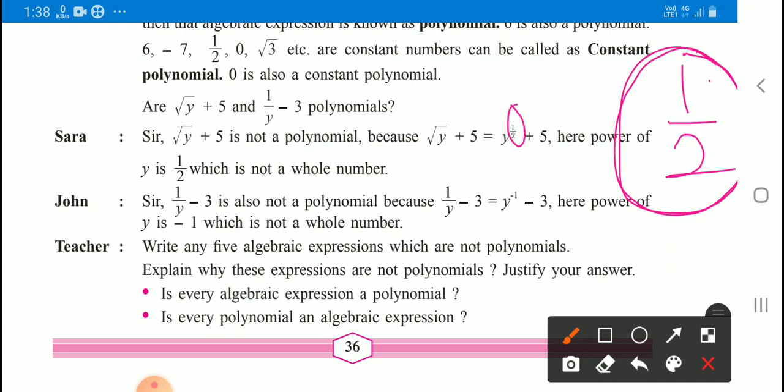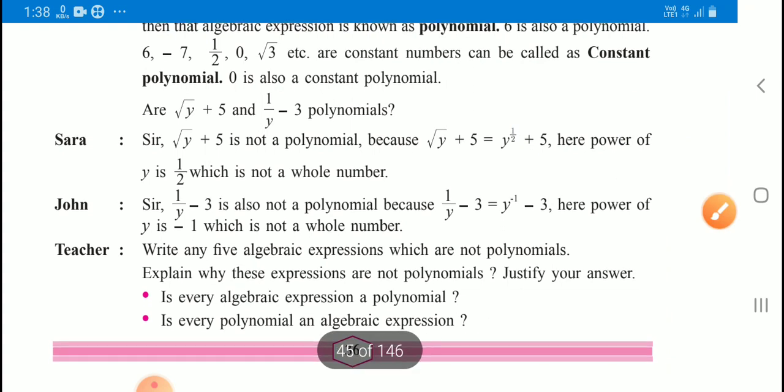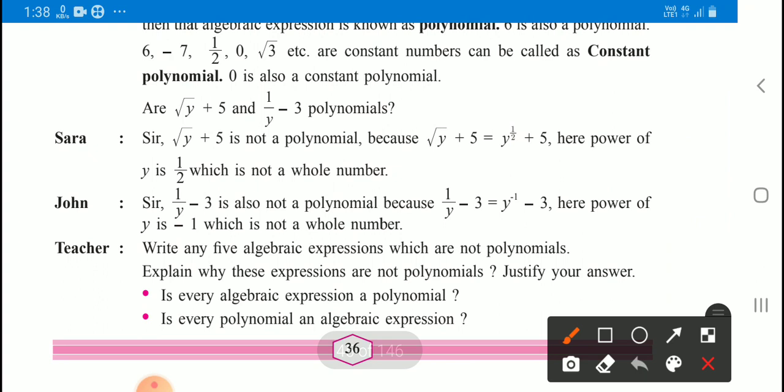It is a real number, but it is not a whole number. It is in the form m upon n. Okay. So this is not a whole number. So the expression root y plus 5 is not a polynomial.